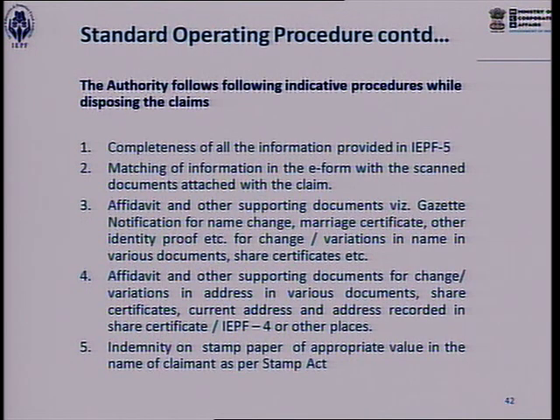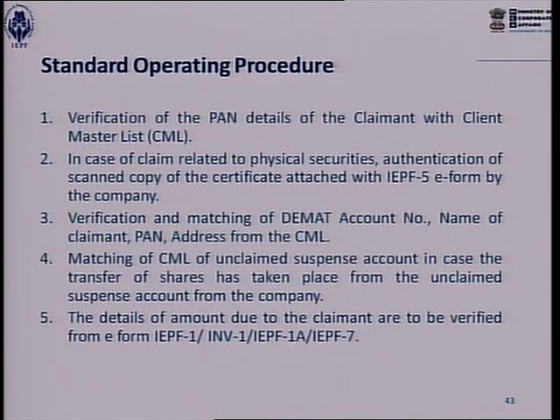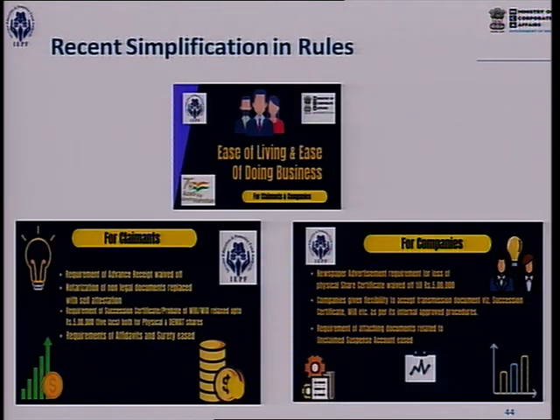The authority follows an indicative procedure where it checks completeness of all information and matching of information in various forms. Then affidavits and other supporting documents are checked, which include those for name change, address change, and indemnity on stamp paper. Then verification of PAN details and client master detail from government databases is done, and physical securities are checked. All this is done online.